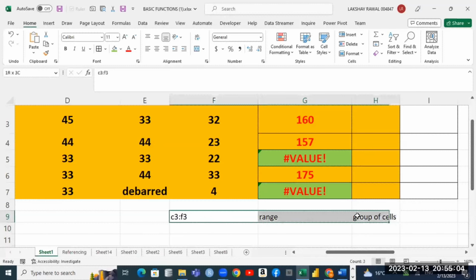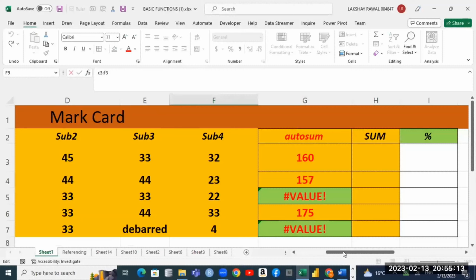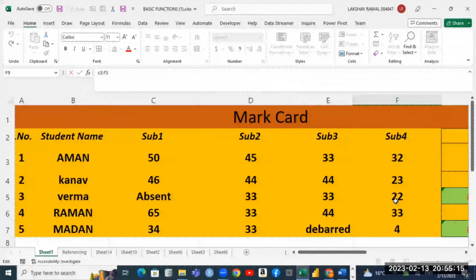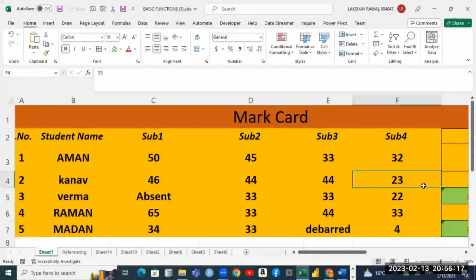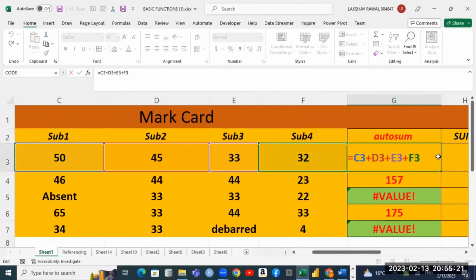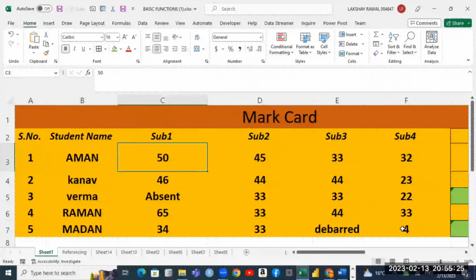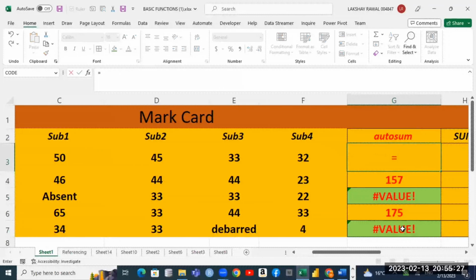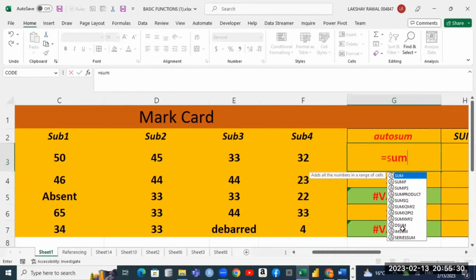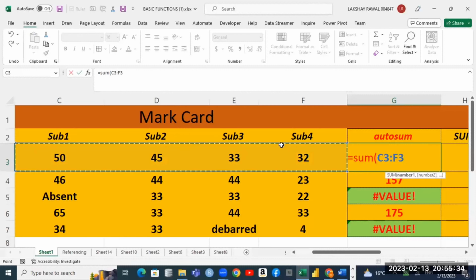If I ask you how many cells are involved from C3 to F3, can you tell me? Look here. If I write is equal to sum bracket start, and I'm saying C3 to F3, how many cells are involved?